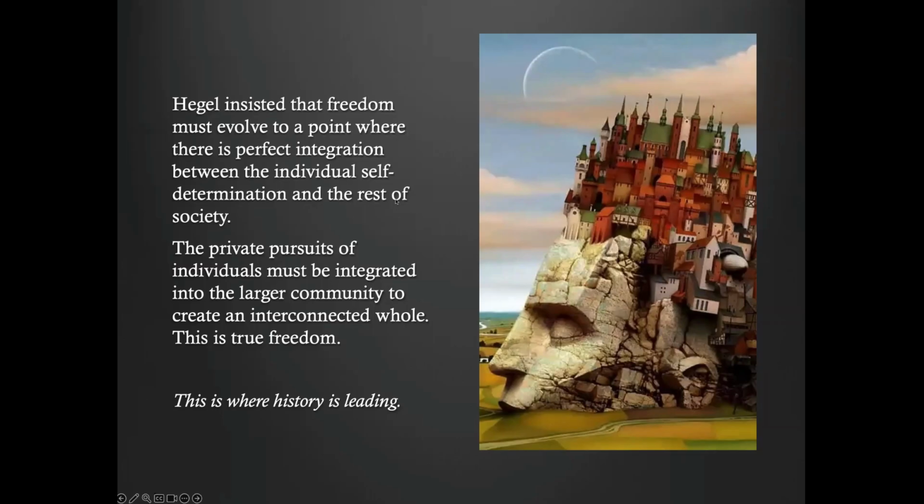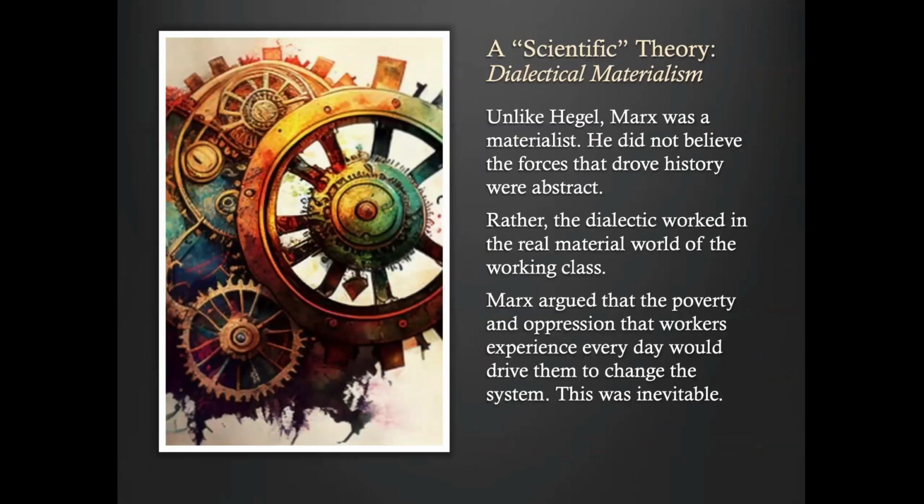What does Marx do? Marx really likes this concept of the dialectic. He does. You know what he doesn't like? He doesn't like all of the abstraction. Marx is a materialist. He did not believe that the forces that drove history were abstract.